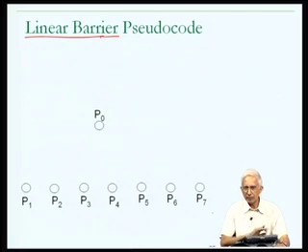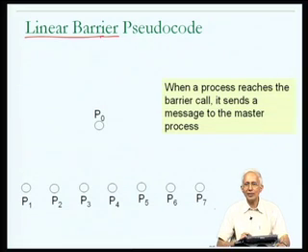We'll start off by looking at the functioning of the barrier implementation pictorially. The way the linear barrier works is that when each of the processes reaches the call to the barrier function within its program, it sends a message to the master process.